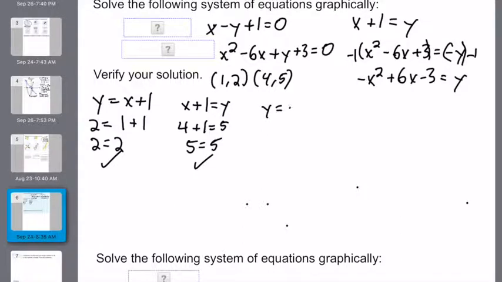We have y equals negative x squared plus 6x minus 3. Again, plugging in both solutions. So we'll start off with our solution 1, 2. Negative 1 squared.